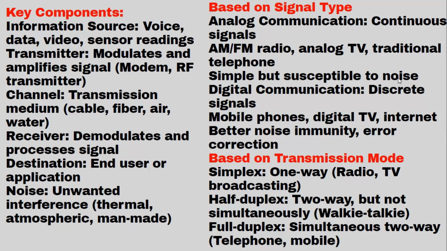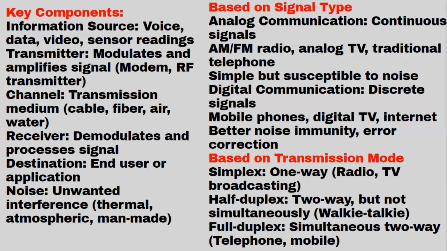Examples of analog communication are your AM FM radios, analog TV, traditional telephone, the old type of TVs and telephone systems. It is simple but susceptible to noise. That means in analog, you will have more noise.